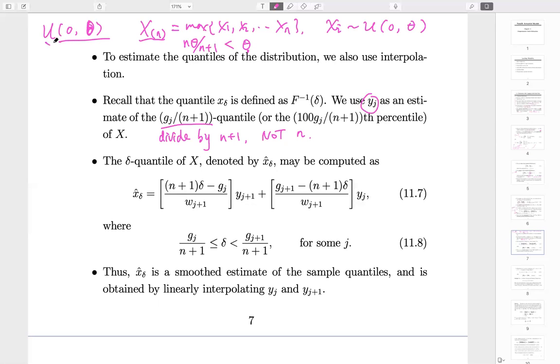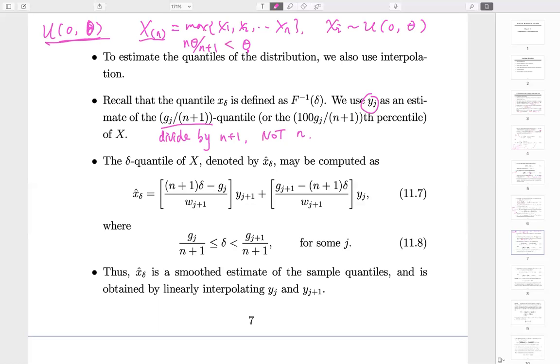For instance, for this uniform distribution, we know the maximum value should be theta. But when you do the random sampling, it's very unlikely you get exactly theta. It will always be smaller. So that's why, in order to account for that information, we divide by n plus 1.